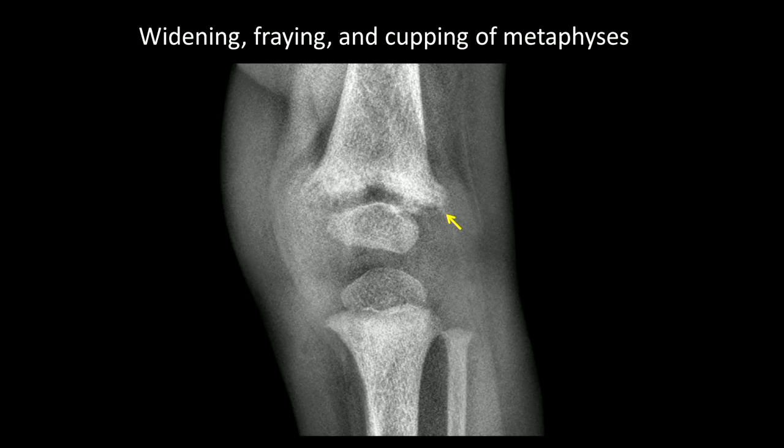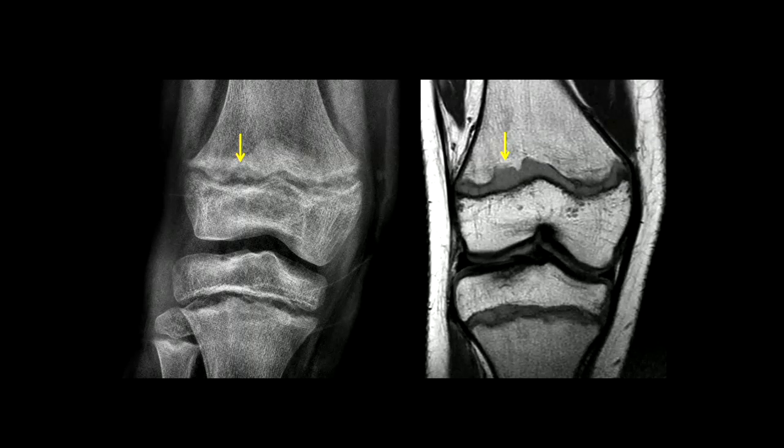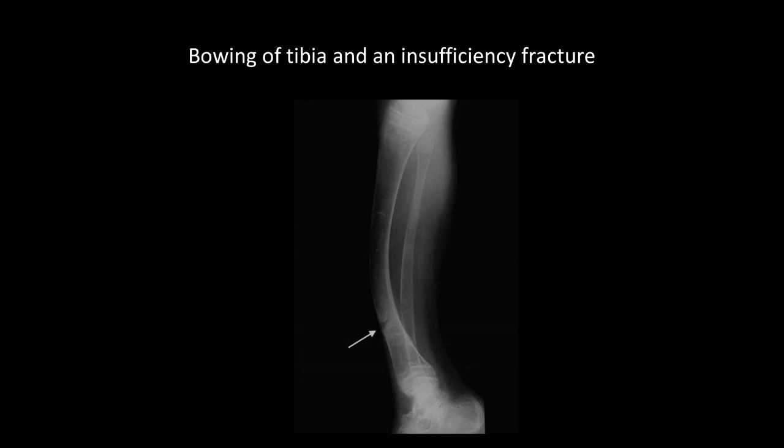And here, with an MRI correlation, the arrow is pointing to widening and irregularity of the growth plate, again, in a child with rickets due to chronic renal disease. And this is bowing of the tibia, and the arrow is pointing to an insufficiency fracture, again, in a child with long-standing chronic renal disease and associated rickets.